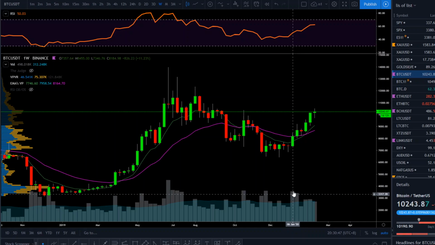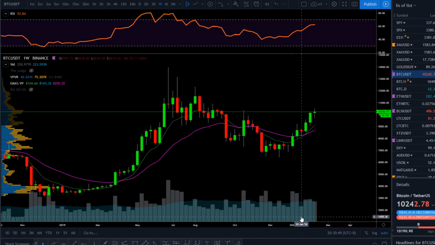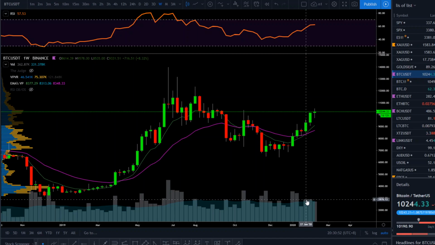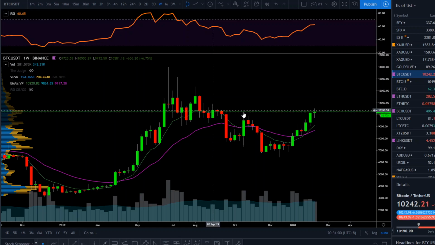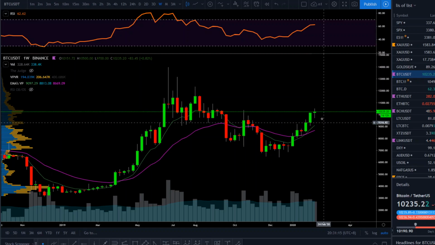Bulls have inserted this volume, then we had a very low volume consolidation, and then we got a nice bull volume once again with nice 2 candles, and this candle here is having a bit of a think what to do. Due to this resistance, you can see the volume by price here as well, node. So it's pulling here a little bit, and yeah, it might just consolidate for a while.